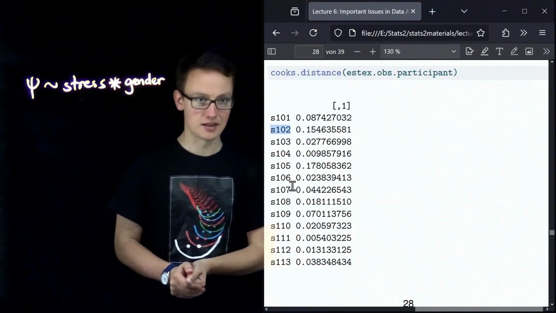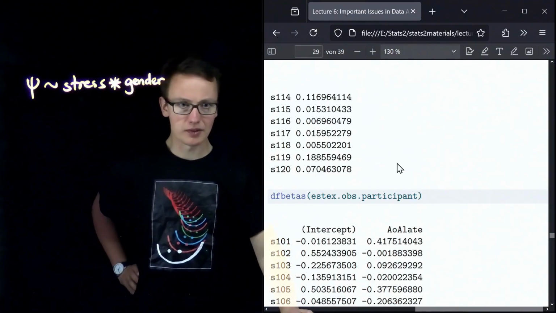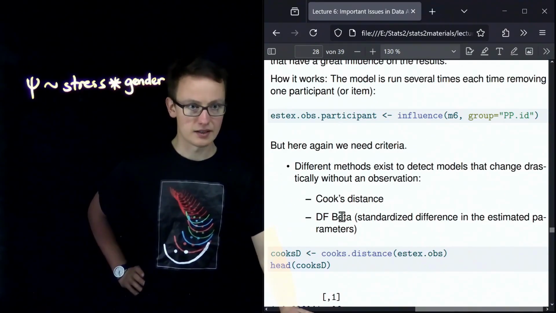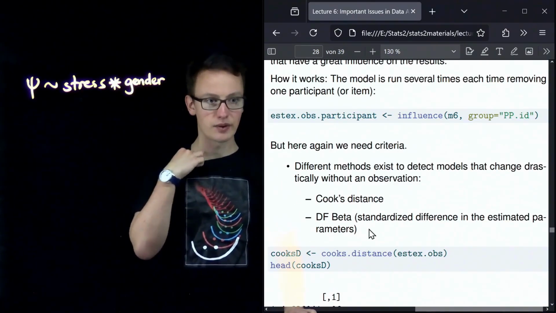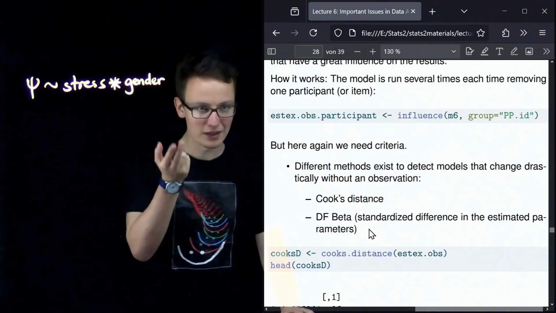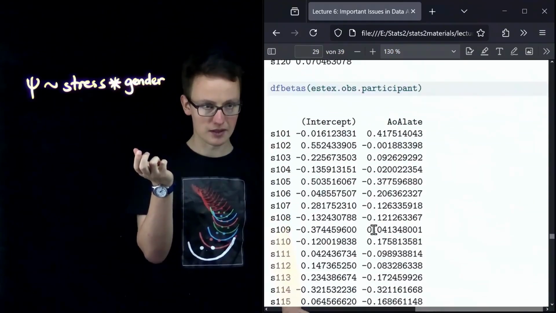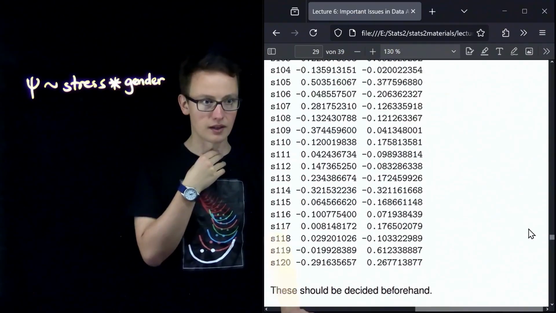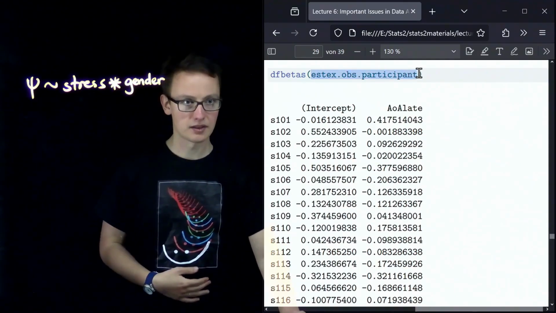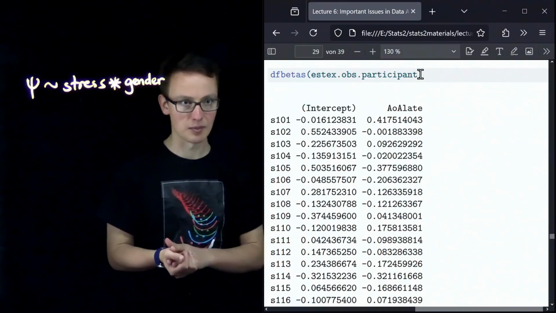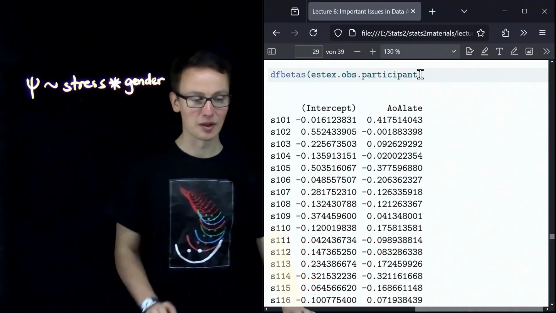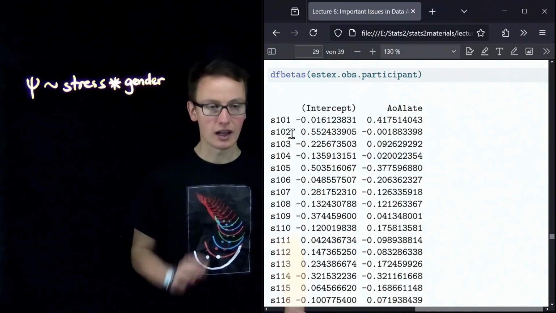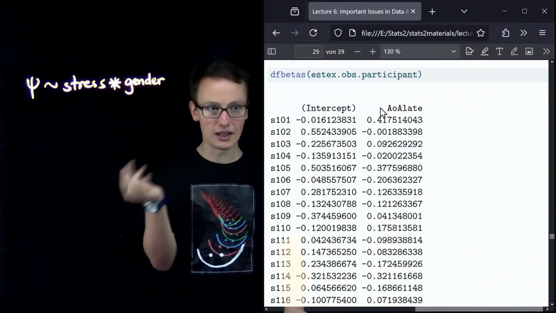influences the results. There is another metric that is part of the influence.ME package, which are the so-called DFBETAs, which is basically the standardized difference in the estimated parameters. What that means, a bit more intuitively, is maybe understandable when we see this output here. So if we run dfbetas on the object that we created when we applied influence.ME to the by-participant data, we also get different values for each participant, and a distinction between intercept and slope.